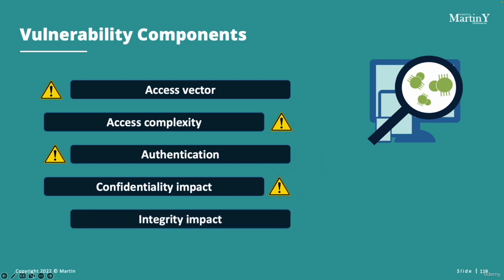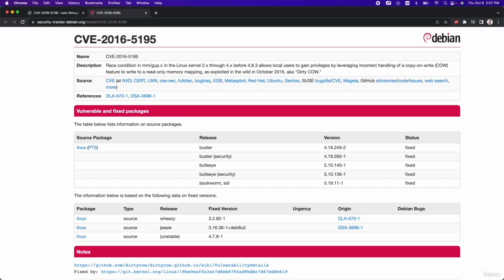And finally, the last metric is the integrity impact, and this metric measures the impact on the integrity from a successfully exploited vulnerability. So the greater the impact on the integrity is, the higher the vulnerability score would be. For example, if an attacker can modify any file in the target system, at that point you would have a very high score. So let's look at one of the example vulnerabilities that have been discovered in Docker.